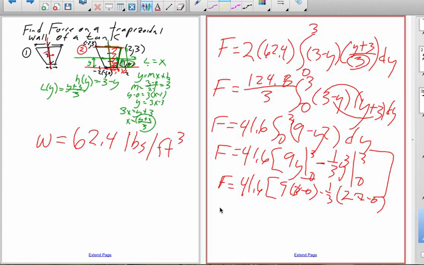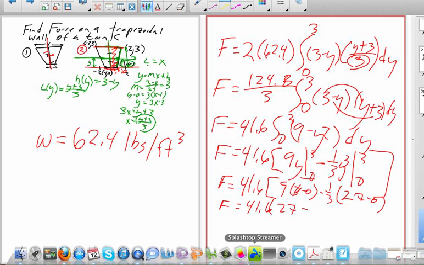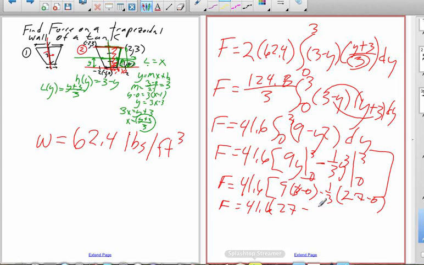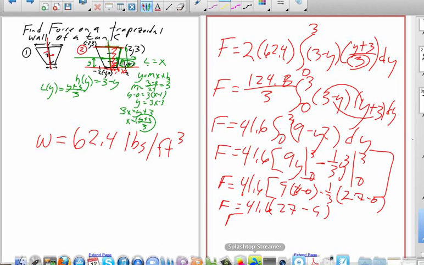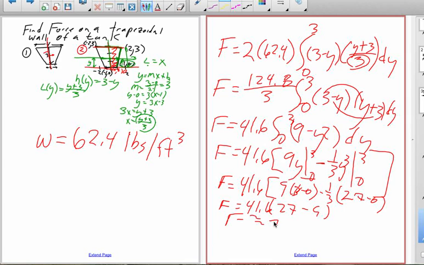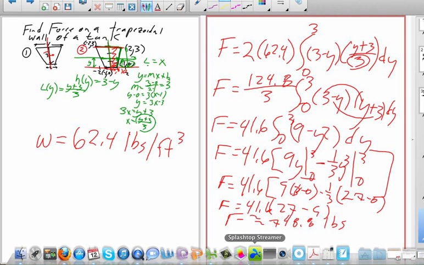Or my force is 41.6 times, yeah, 27 minus 9, and it worked out to be about 748.8 pounds is the total force acting on the side of that tank wall.